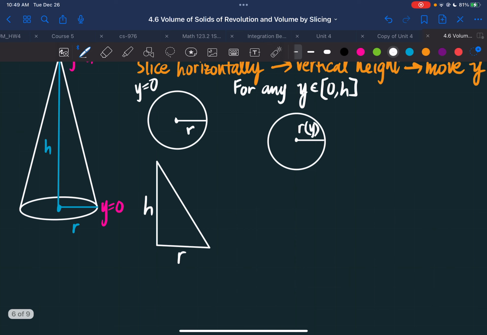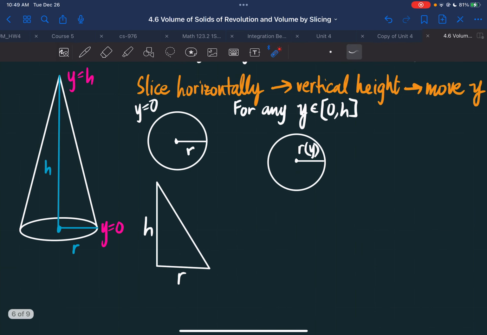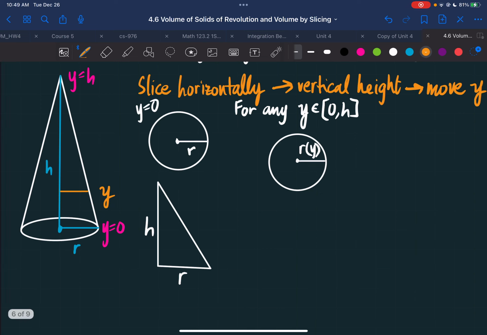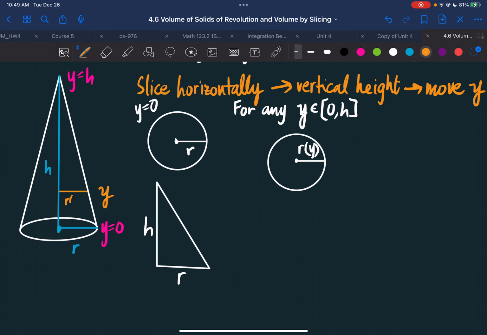Now let's try to do this arbitrarily. So for example, I slice right here. I'll take this y value here, okay, I'll just use orange instead. If I slice right through here, at whatever value of y, I'll have a base here of r of y, which is just like what we said a while ago.